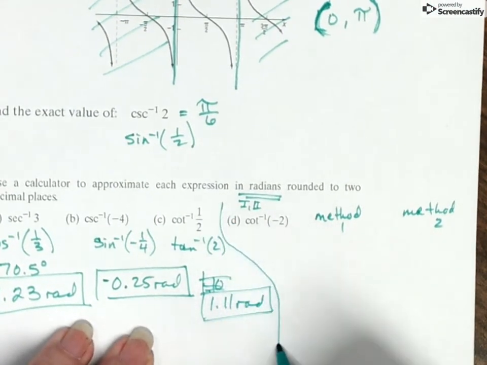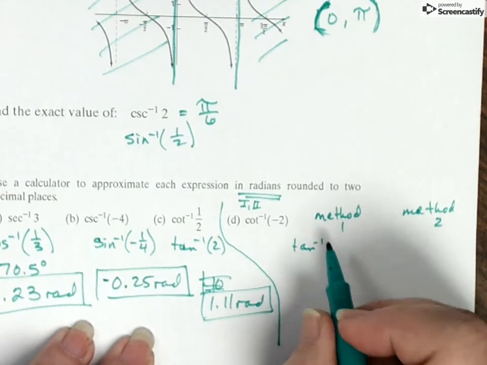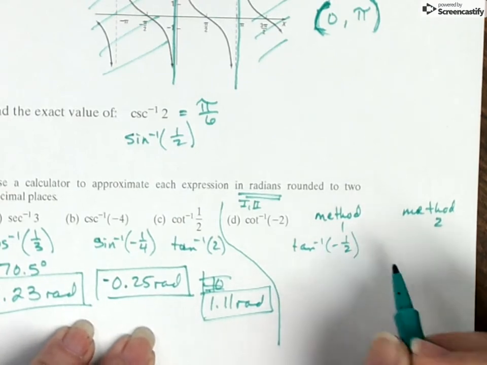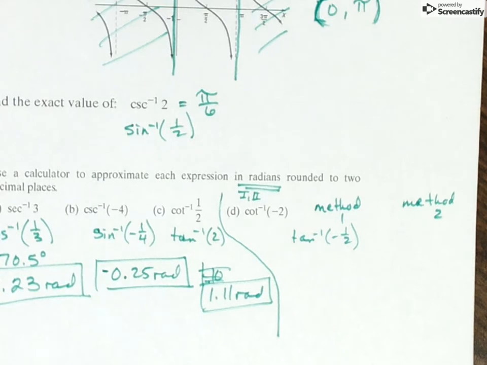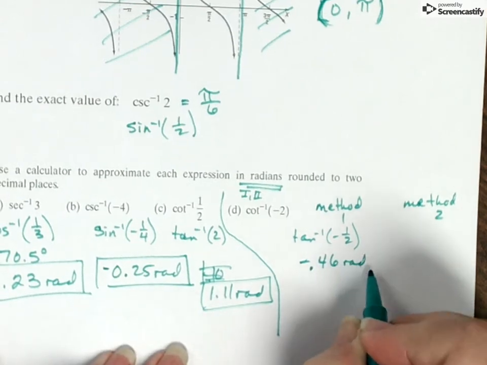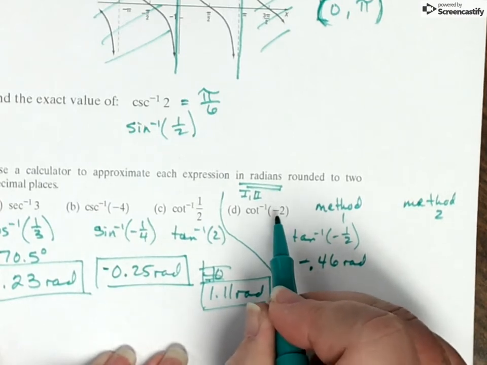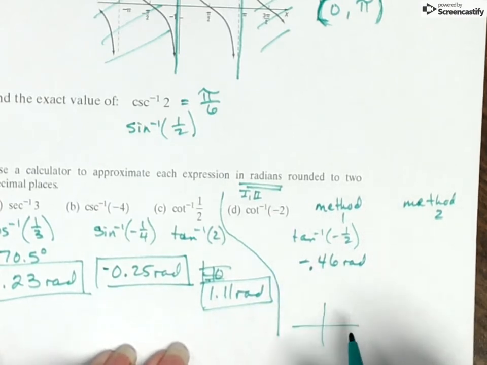That's for problem D. Method 1, we go ahead and do inverse tangent of negative 1/2. You type that into the calculator, and you're going to get negative 0.46 radians. That's in quadrant 4. My answer has to be in quadrant 2. So how do I get from quadrant 4 to quadrant 2? Using reference angles.